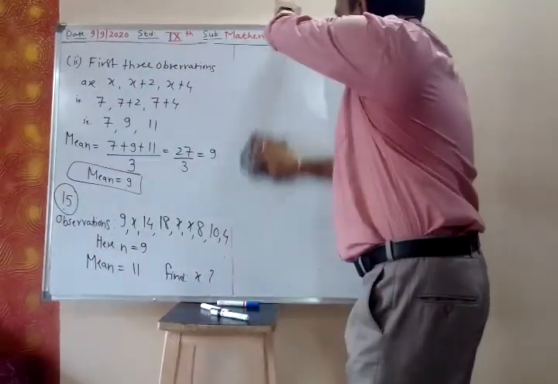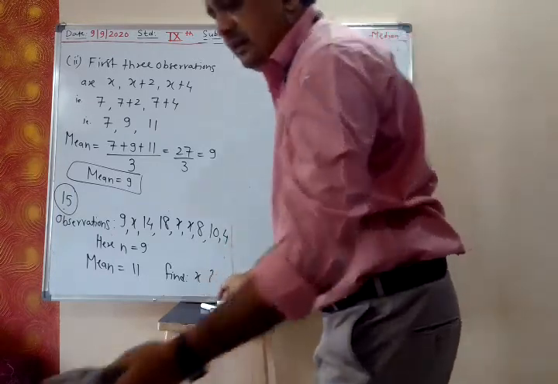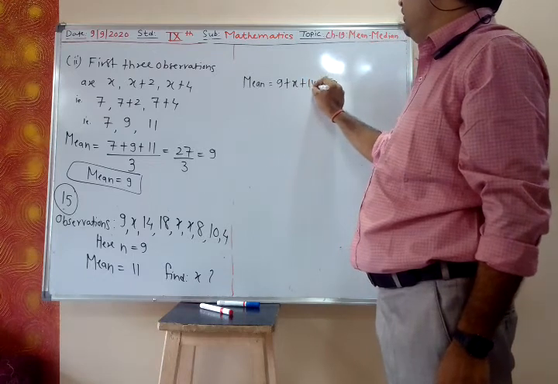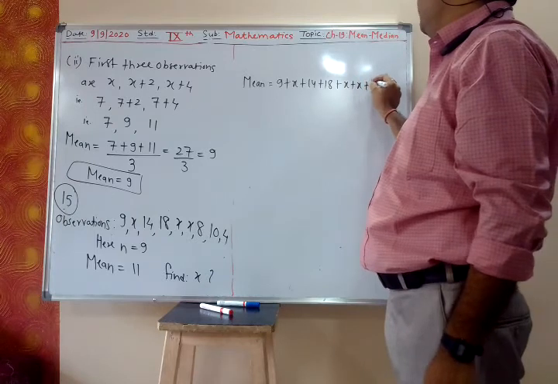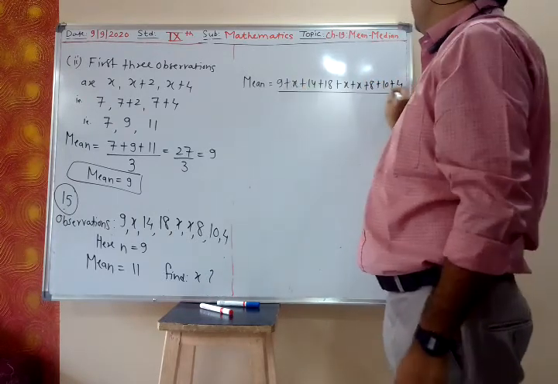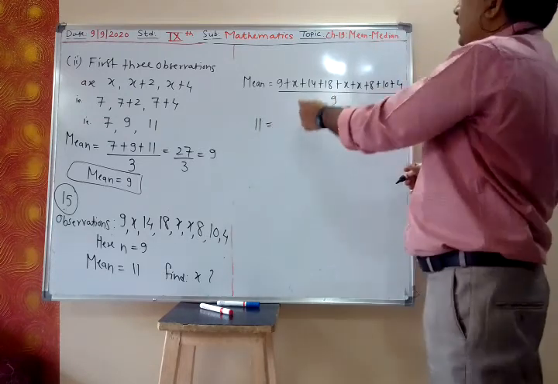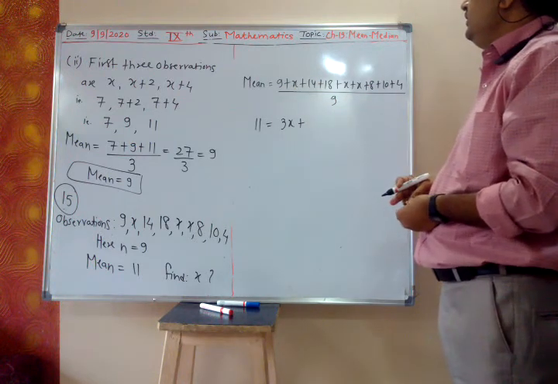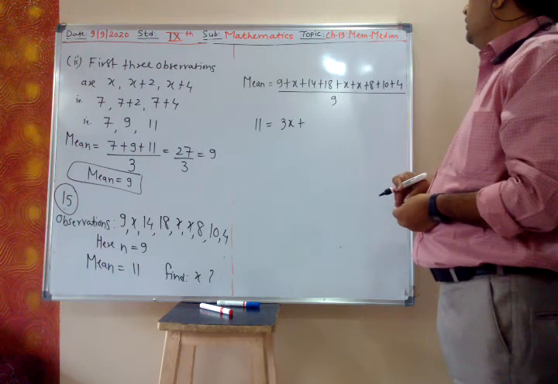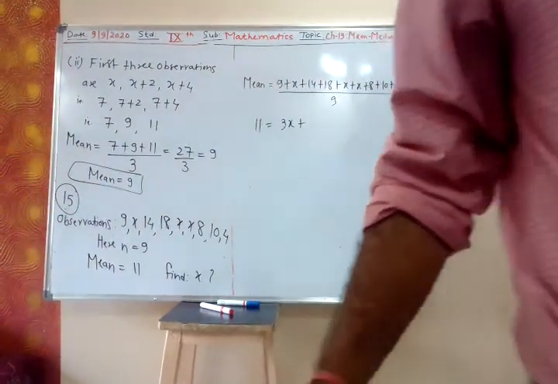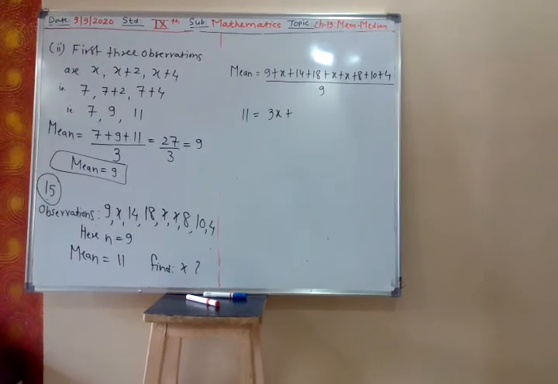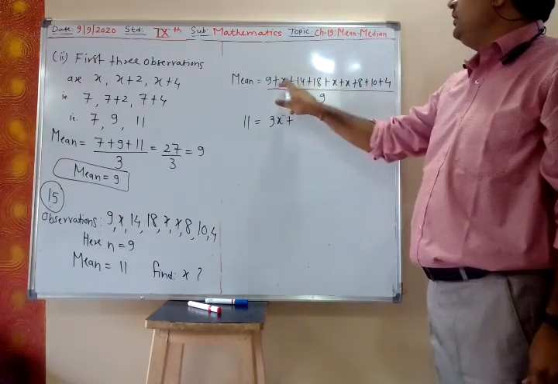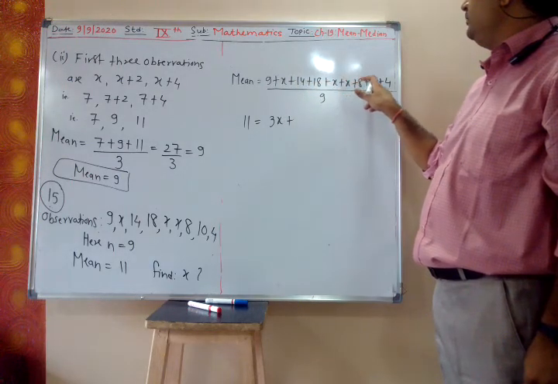So the mean is 9 plus x plus 14 plus 18 plus x plus 8 plus 10 plus 4, divided by 9, and the mean is given as 11. Adding, we get 2x plus 9 plus 14 is 23, plus 18 is 41, plus 8 is 49, plus 10 is 59, plus 4 is 63.